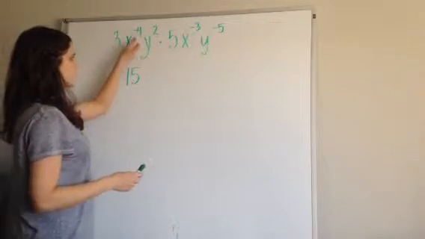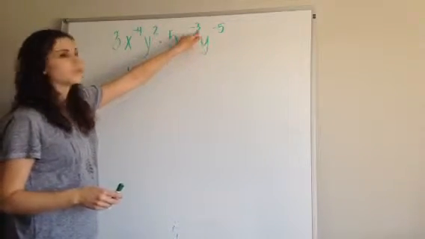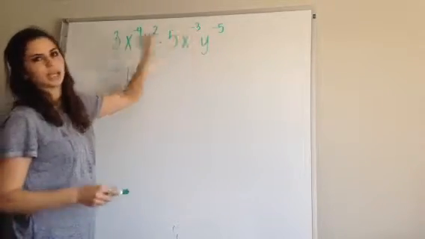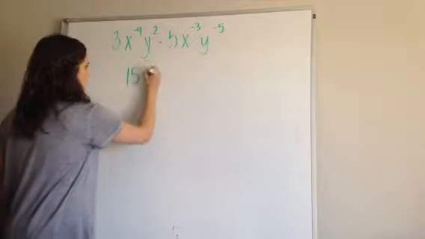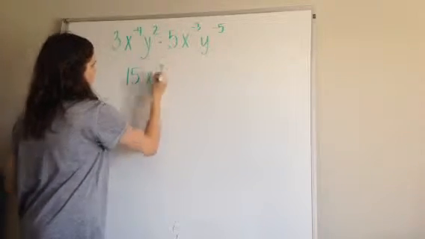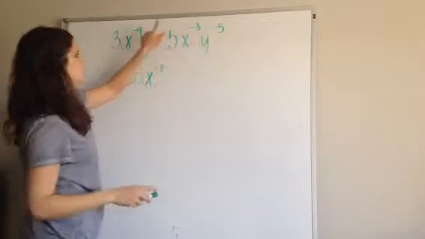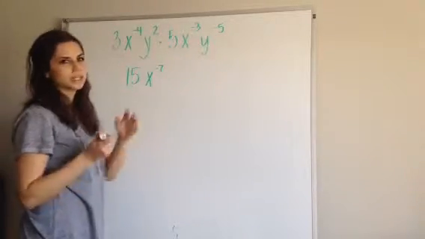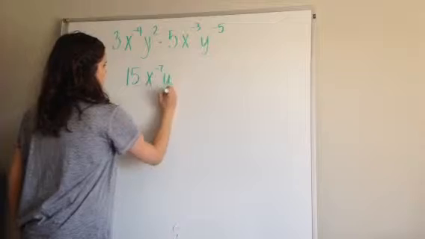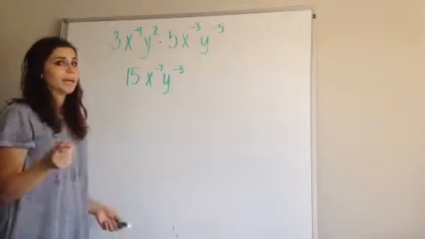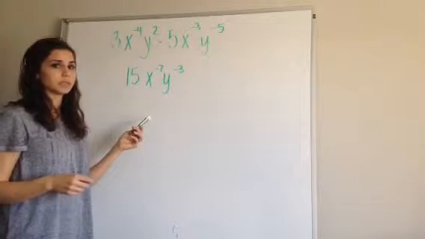So if we have x to the negative 4th and x to the negative 3rd, we're going to add those exponents. So negative 4 plus negative 3 is negative 7. And then y to the 2nd and y to the negative 5th. So 2 plus negative 5 is negative 3. And now I'm done. I have nothing else to simplify, but my answers have negative exponents.